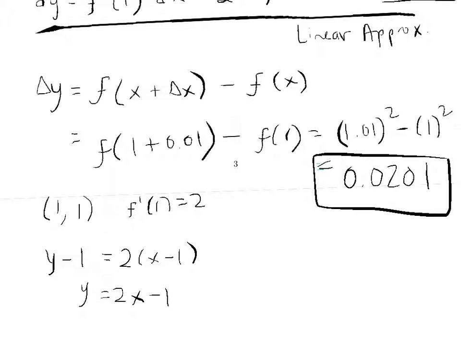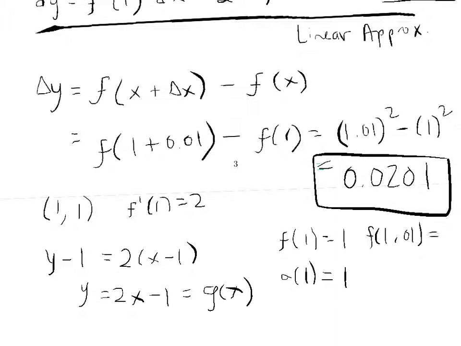If we call our linear approximation g of x, we can compare our original function. f at 1 is going to be equal to 1. Our approximation at 1 also equals 1. So at 1, they're the same. If we move a little bit away, f of 1.01 is going to be 1.01 squared, which is 1.0201.